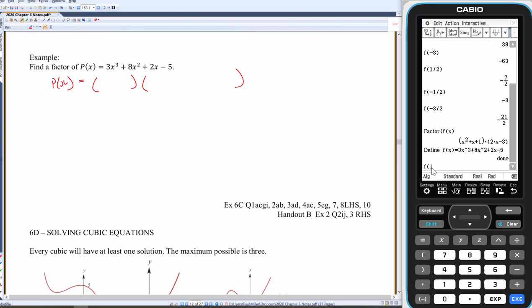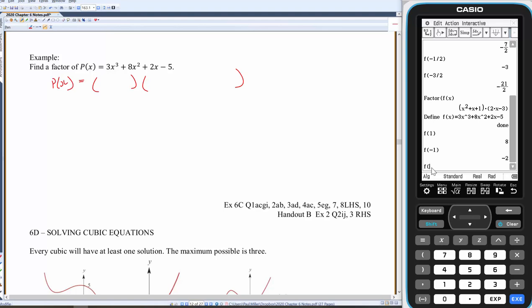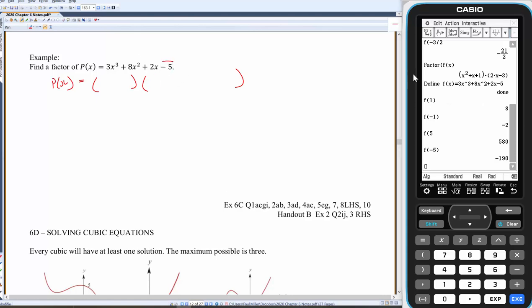And you would do the usual f of 1, f of negative 1, f of 5, and f of negative 5, and find that none of them produced 0. So none of them would be factors. That means that we need to further engage and imagine that this one here could actually be a fractional factor. Okay.